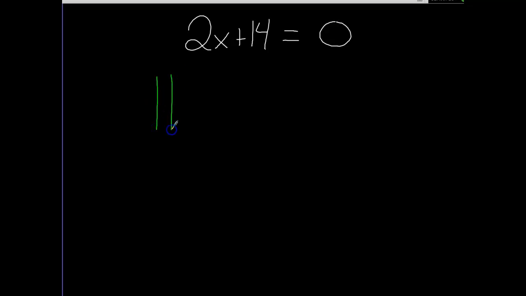All right, your next problem. I'm not going to draw in the boxes this time. I will just draw in the algebra tiles. We have 2x plus 14 equals 0. So on this side, I have 2 x's and I have 14 ones.